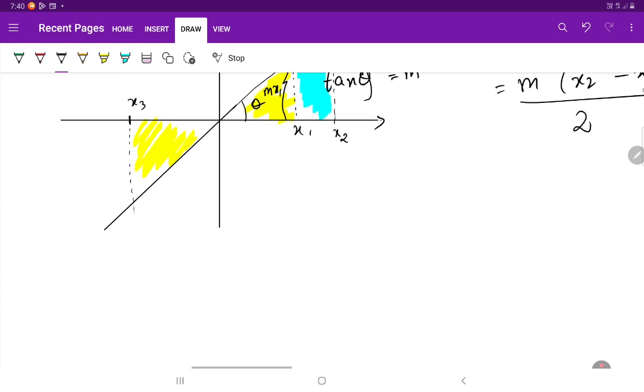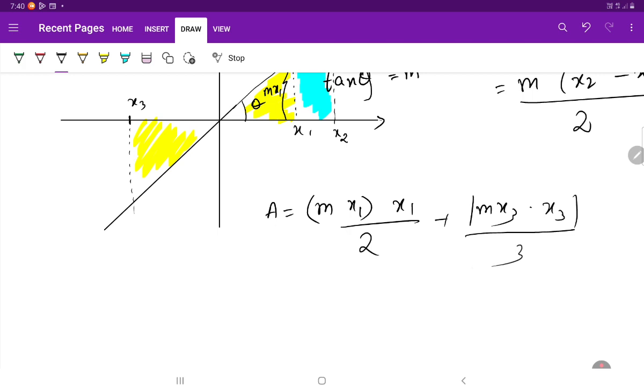So the area can be written as mx1 into x1 by 2 plus mod of mx3 into x3 by 2. If you want to find the magnitude summation of the areas, then we will be doing it like this. But observe that this region is actually below the x-axis. That is why we get a minus sign with it.